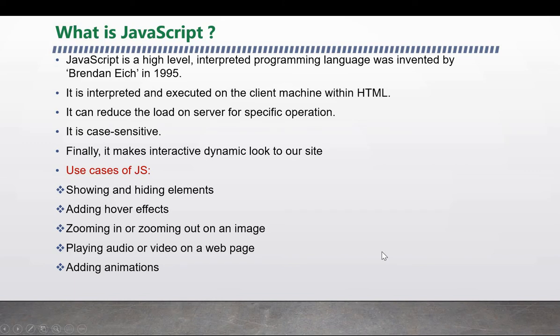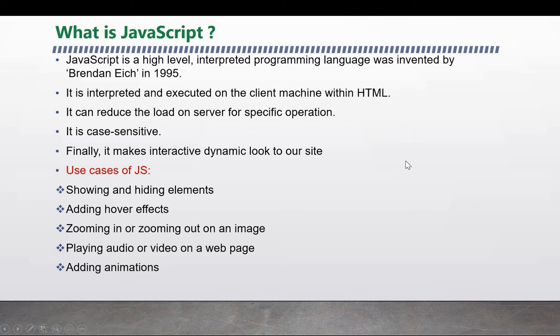So what is JavaScript? JavaScript is a high-level interpreted programming language, invented by a person named Brendan Eich in 1995. It is interpreted and executed on the client machine within HTML.